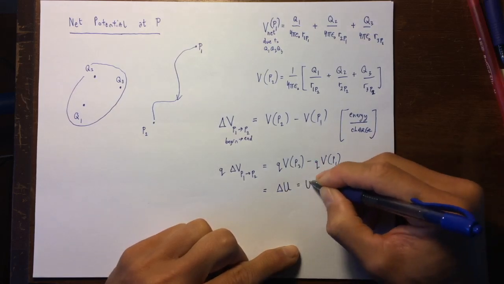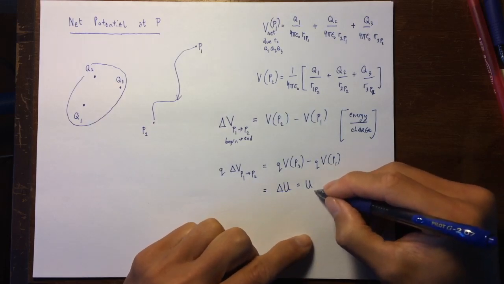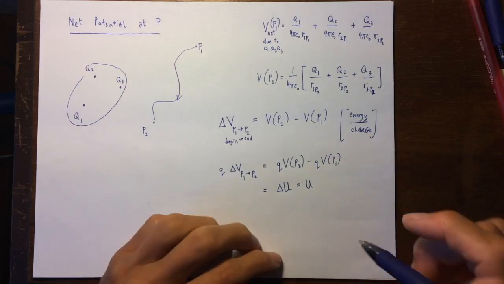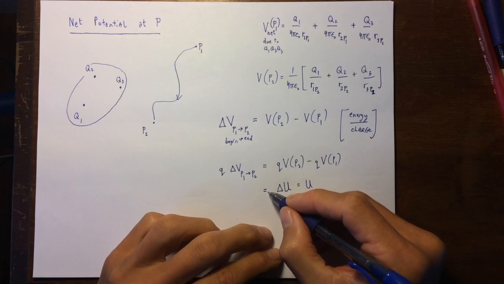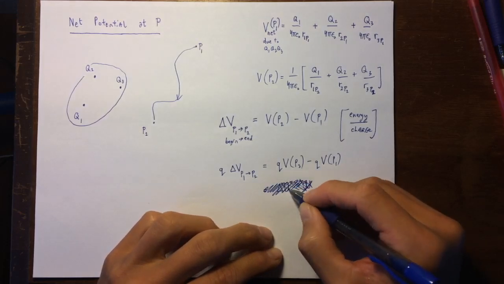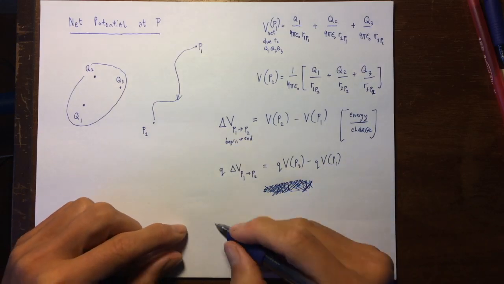Let me backtrack a little bit. I was going to say something that's a little complicated to explain. Let me explain it this way.